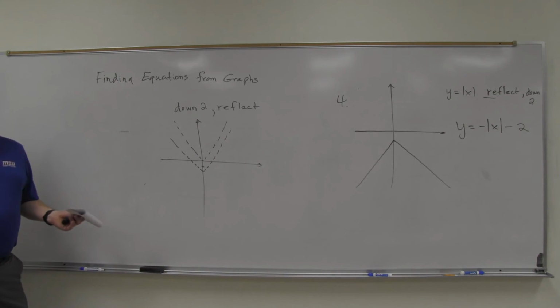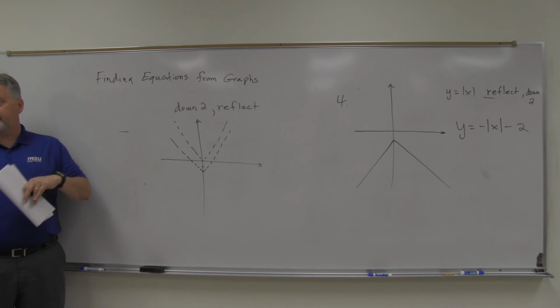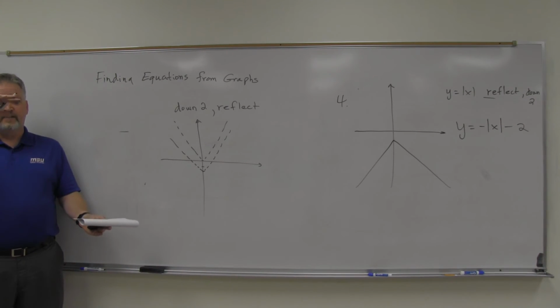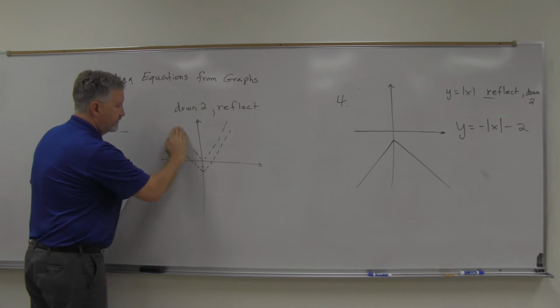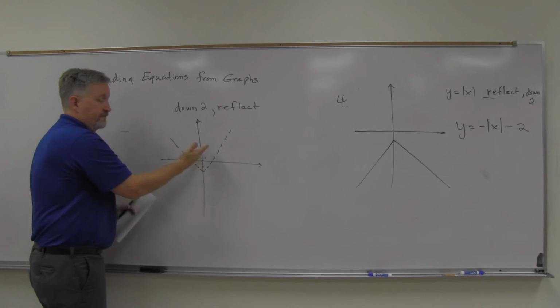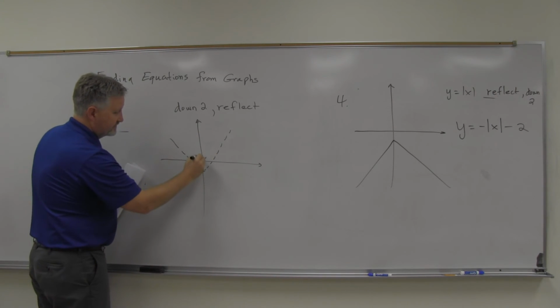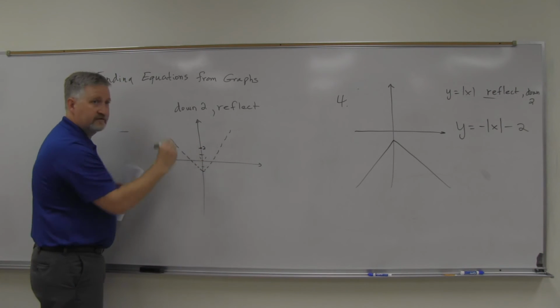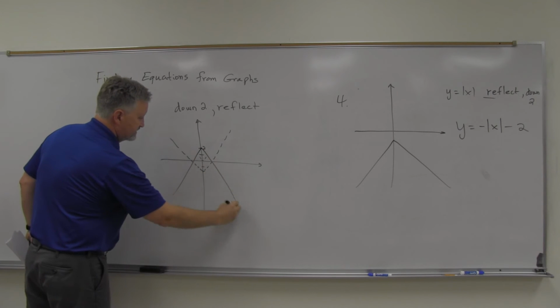Now, if I then reflect it, remember what the reflection does is it flips everything over. What's below the x-axis flips up, what's above the x-axis flips down. So if I reflect it now, that flips over, and so this is now at positive 2. It's a W. Yeah, well, it does that.